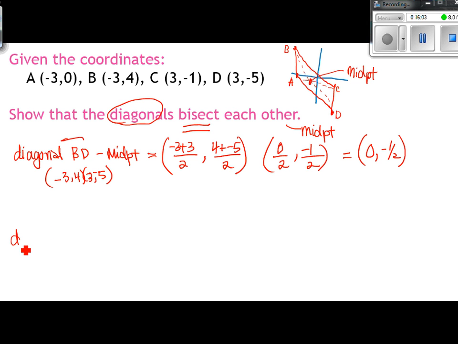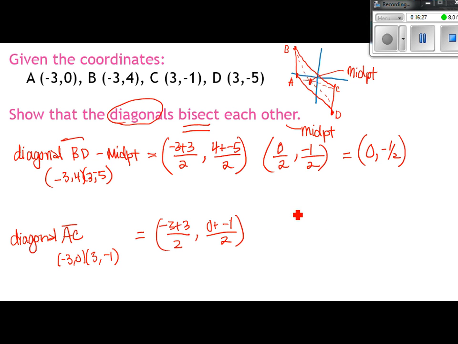Now let's do diagonal AC. Okay, so I want to find the midpoint of AC. So again, I need A and C's ordered pairs. And it's add the x's up, negative 3 plus 3 divided by 2, and add up the y's and divide by 2.